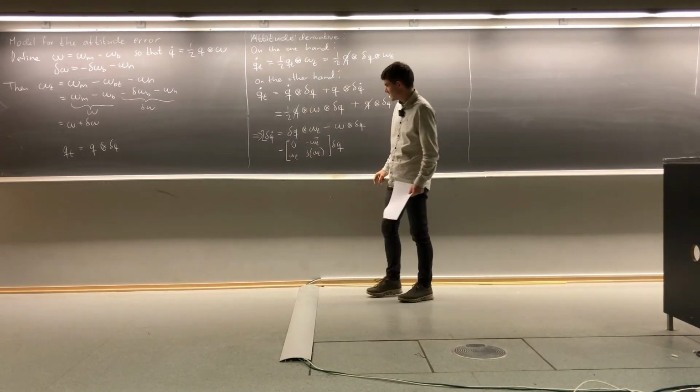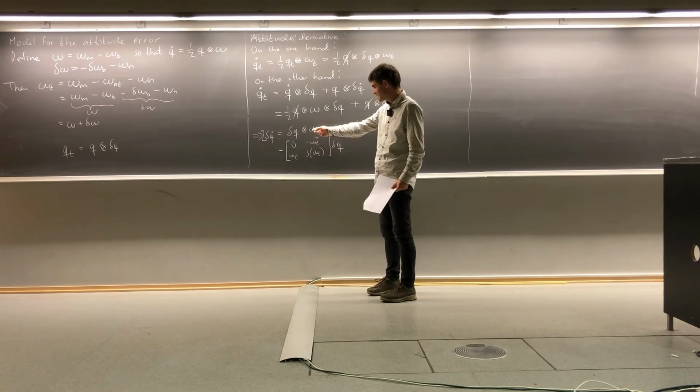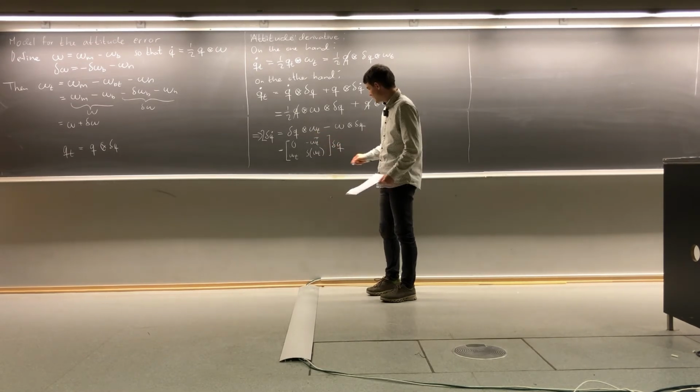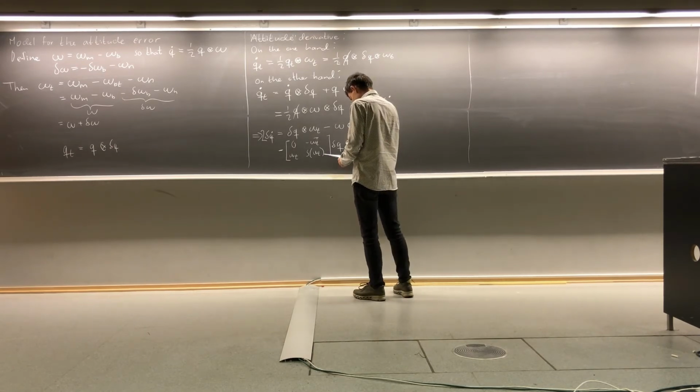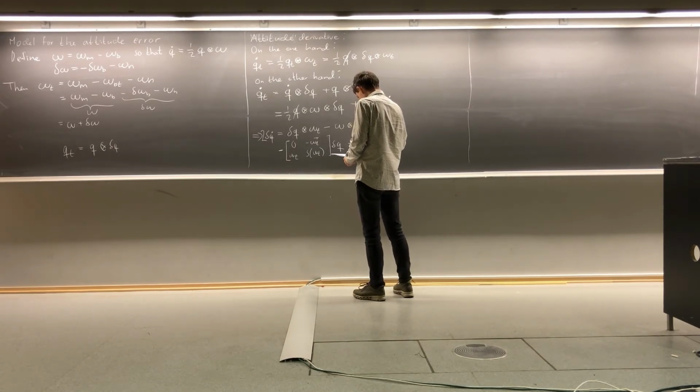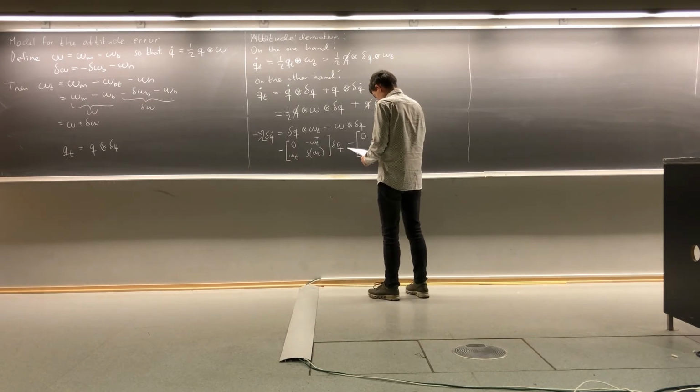So this is the matrix form of this first thing. And then I want the matrix form here also that leaves me with delta Q at the end. Then I just find these things from the book.